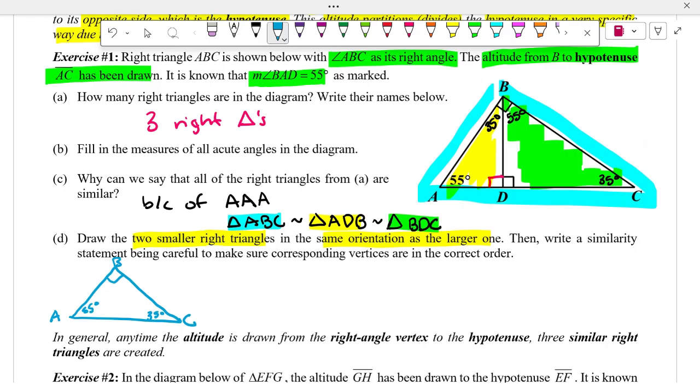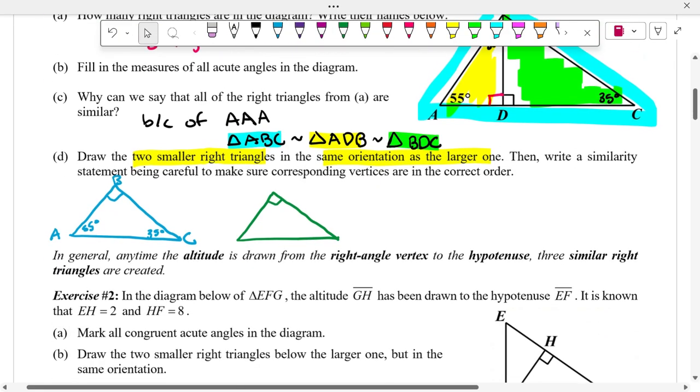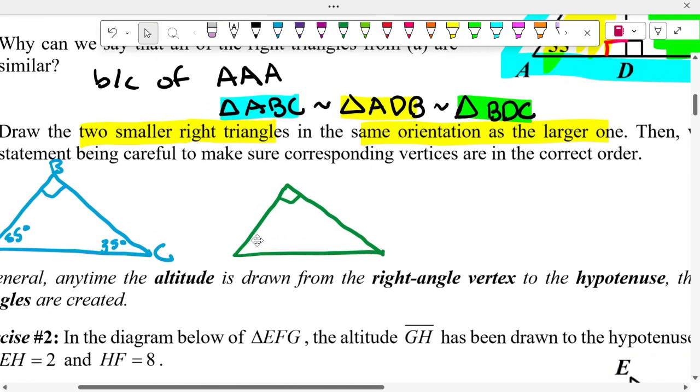All right. So if I draw the green triangle, so the medium triangle, so it's slightly smaller, has to be the same orientation. So I have a 90, 55 here, and a 35 here.